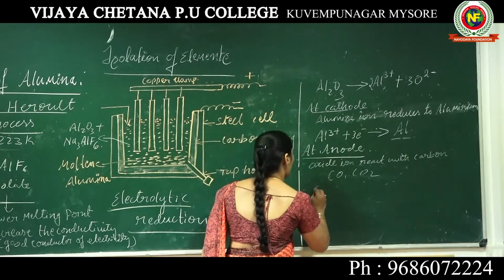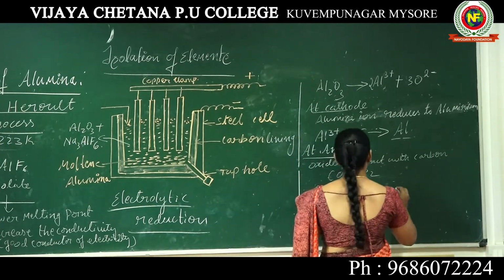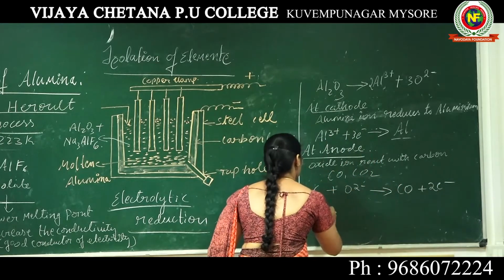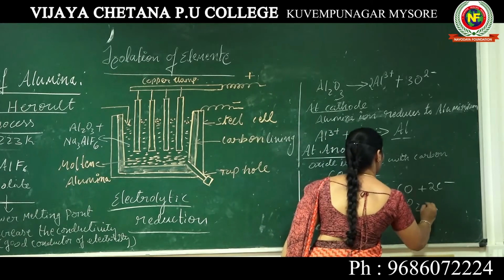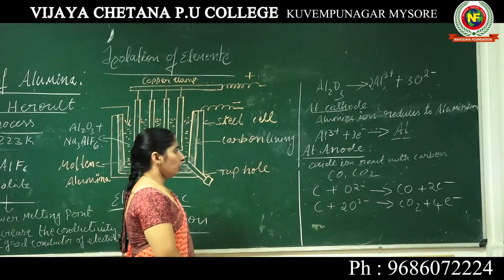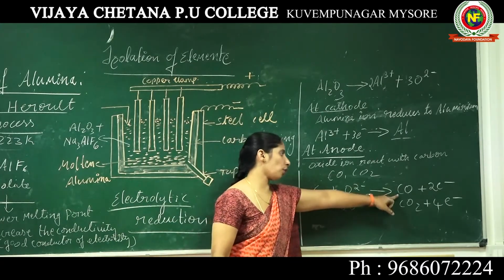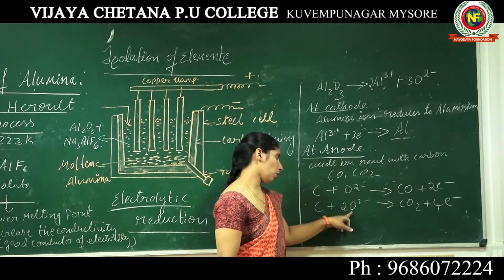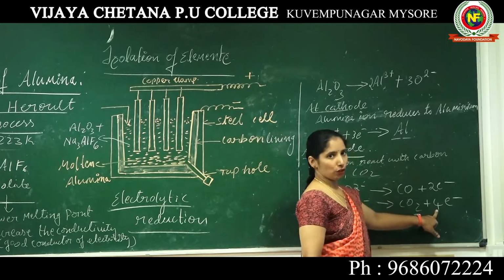How does it take place? The carbon reacts with the oxide ion to form CO plus 2 electrons. Then the carbon again reacts with oxide ion to form carbon dioxide, with release of electrons.